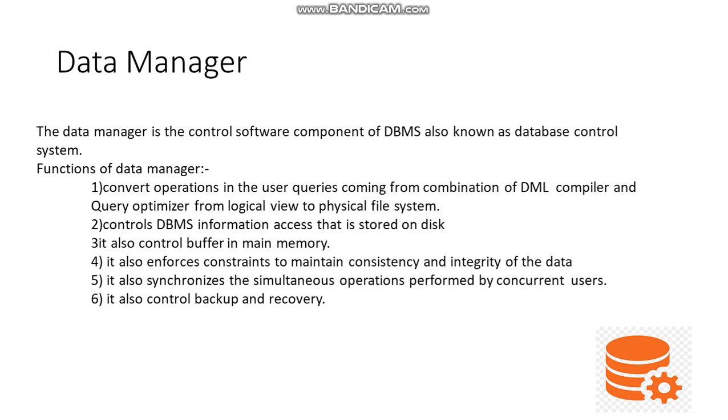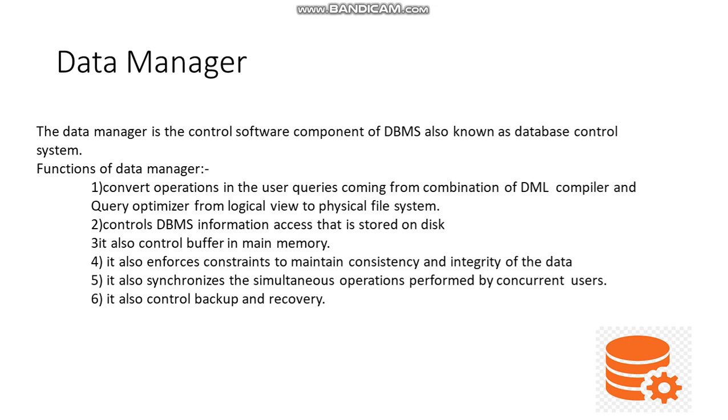Now what will data manager do? Data manager will take this query and convert it from logical view to physical file system. Next, it controls DBMS information access that is stored on disk. So data manager will control all the data which is stored on disk, and who will access it.